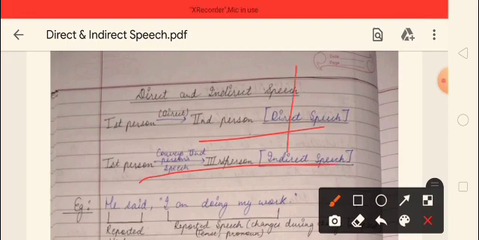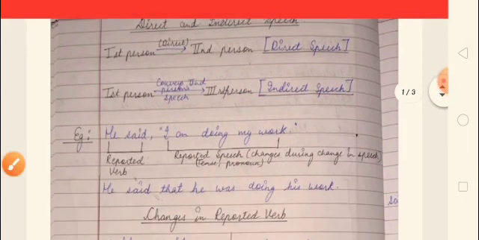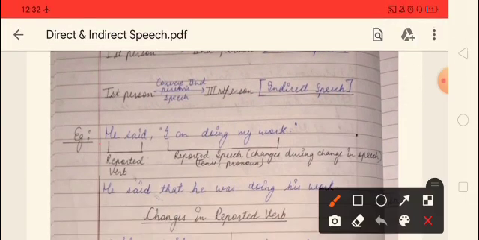For example, if I say the sentence: He said, "I am doing my work." Just remember one thing, in direct speech we use a comma and inverted commas.